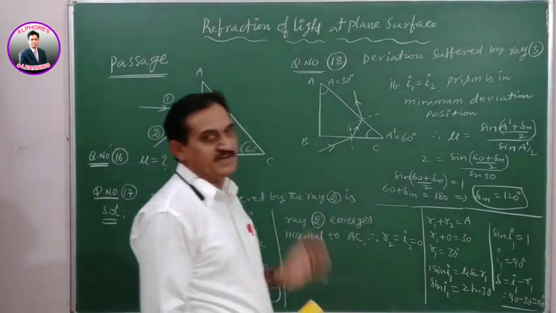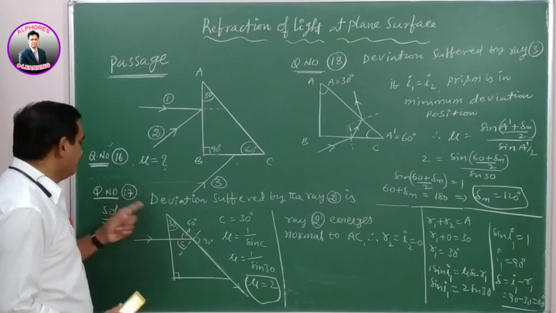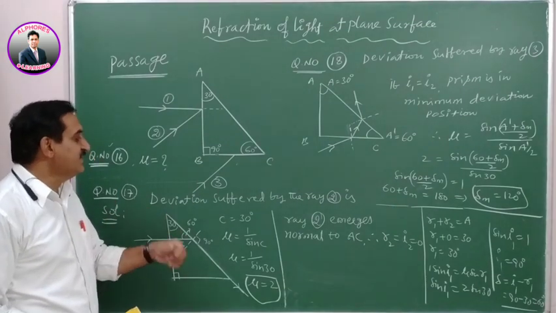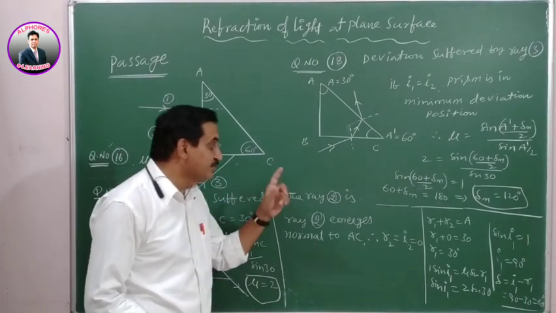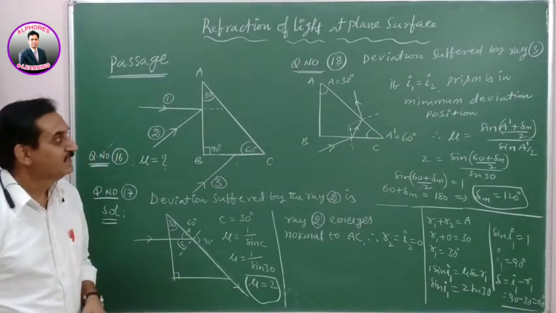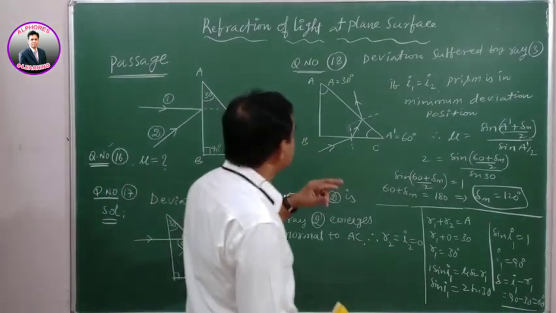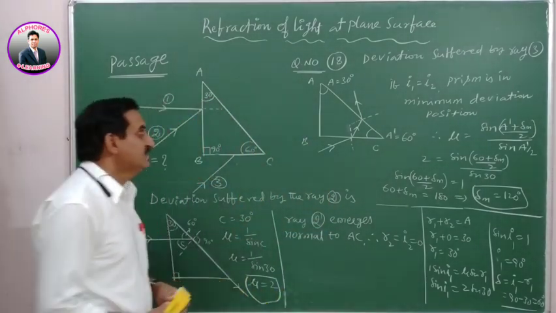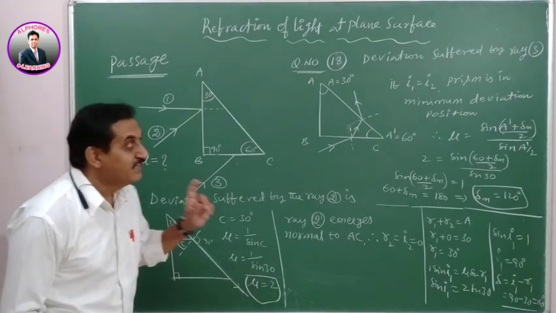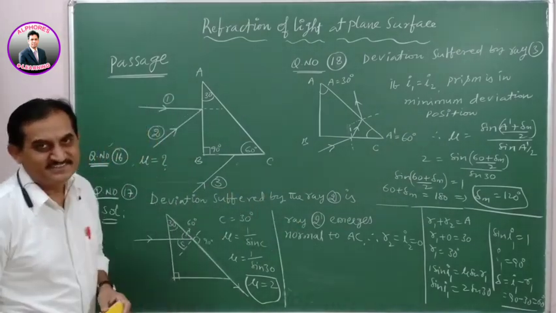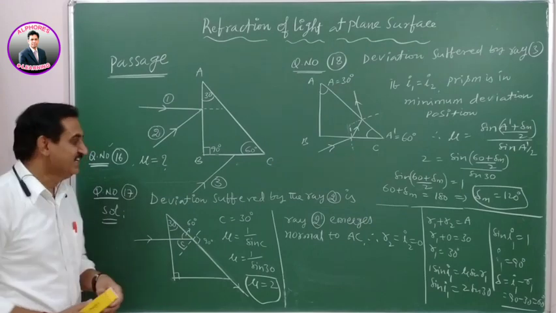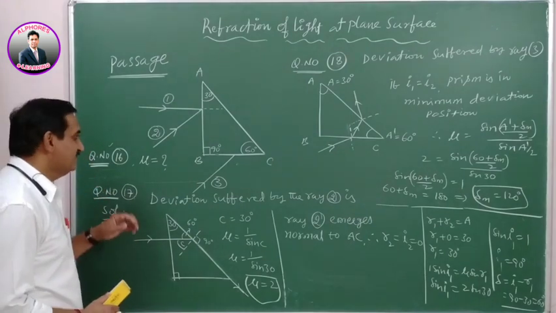This is question number 1. Question number 2 is, the deviation suffered by the ray 2 is. And question 3, that is the 18th one, the deviation suffered by ray 3 is. There are 3 questions.